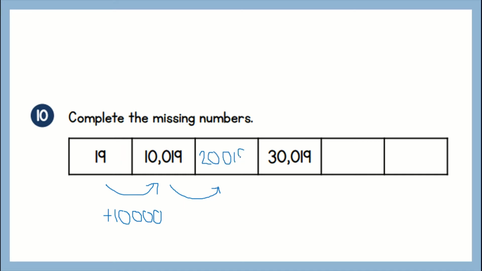Then we've added another 10,000 to get to 30,019. If we add another 10,000, we would get to 40,019. And if we add another 10,000, we would get to 50,019.